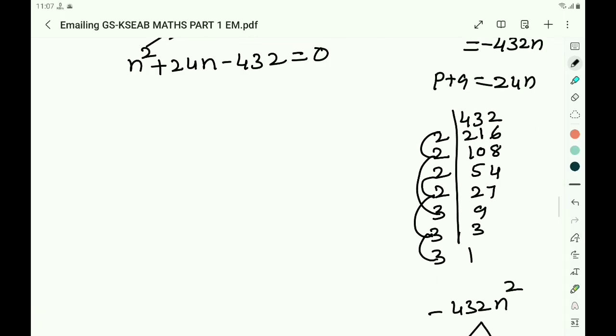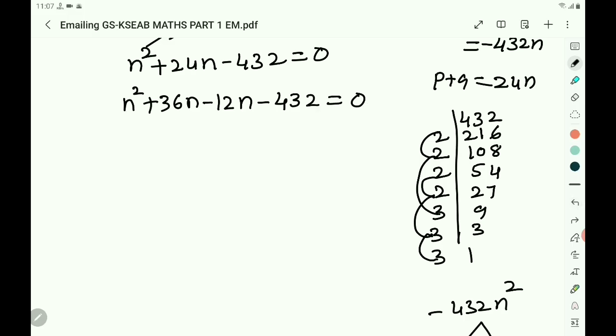So you can write n square plus 24n as 36n minus 12n minus 432 equals 0.